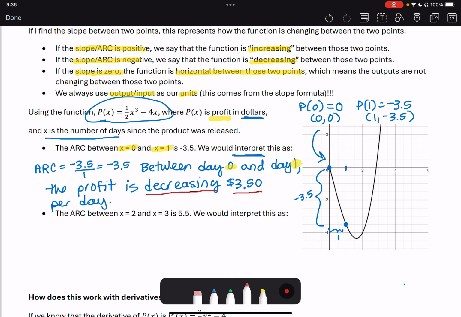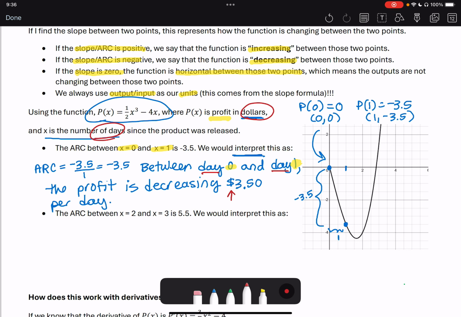Now, next, what I want to talk about is the units. We have to make sure that we're putting the units with those input values, and we know that our input values are in days. And we have to make sure we're putting that dollar sign in there, because dollars.